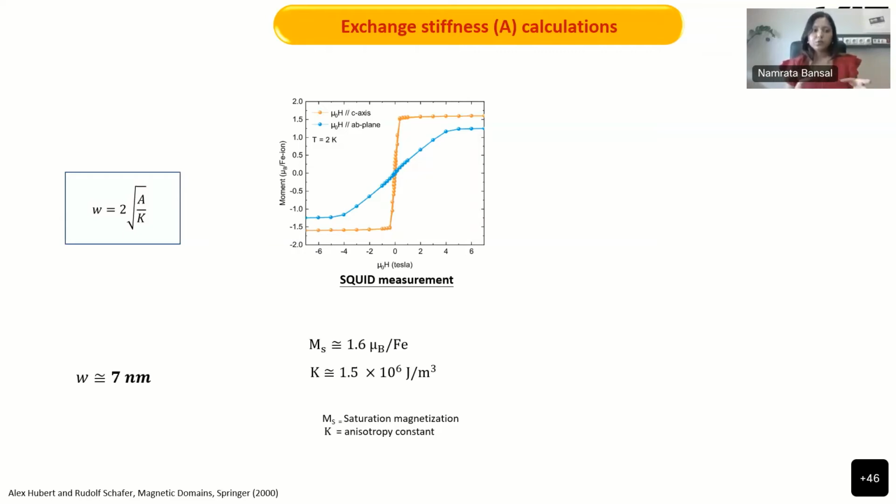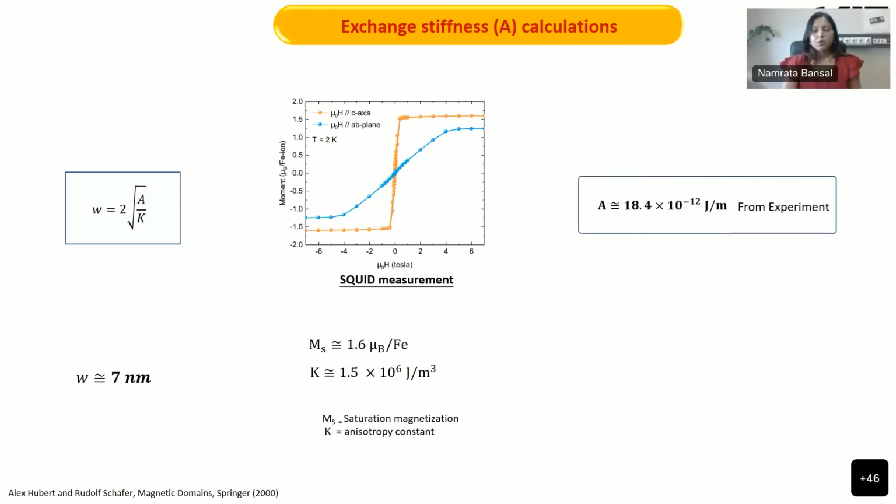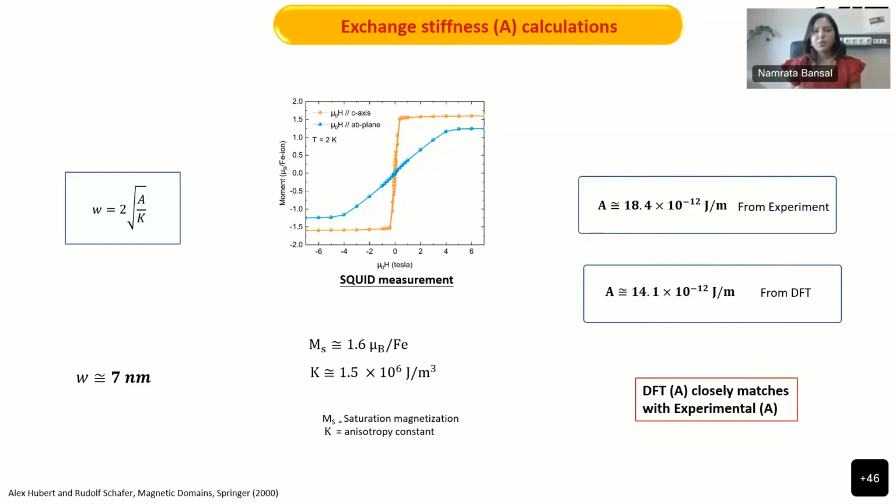If we put these two values in this equation, we can easily calculate the value of exchange stiffness. From the DFT calculation, we also calculated the exchange stiffness, which very closely matches the experimental value. So the domain wall width and the exchange stiffness are in good agreement with our DFT calculations.